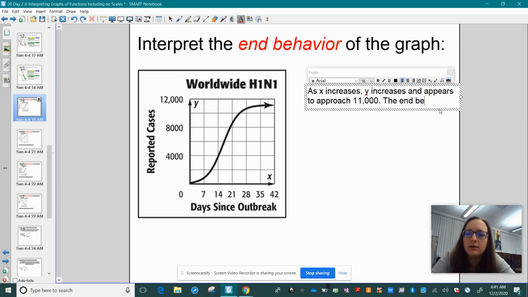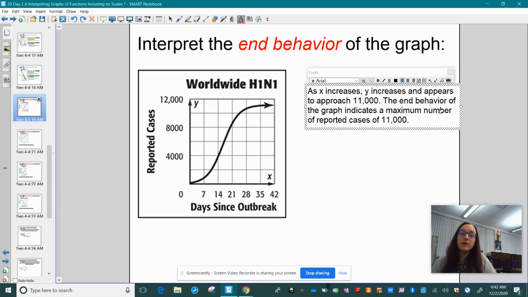The end behavior of the graph indicates a maximum number of reported cases of 11,000. So then we talk about what that 11,000 represents in the situation, our reported cases.